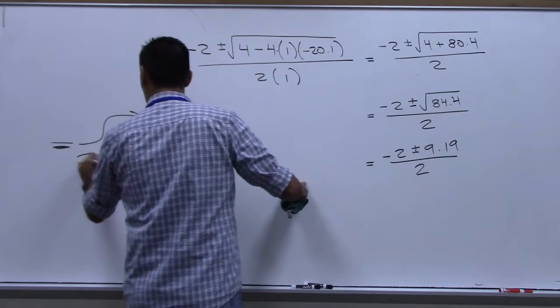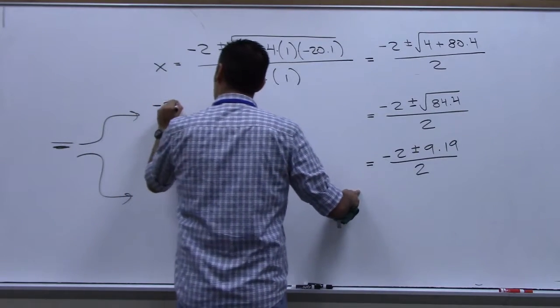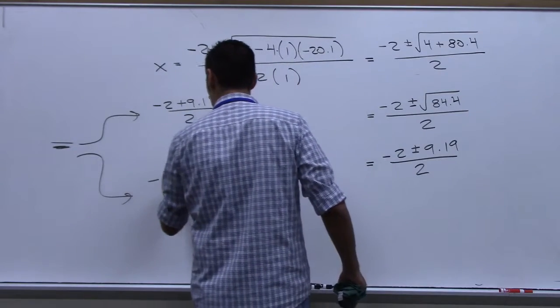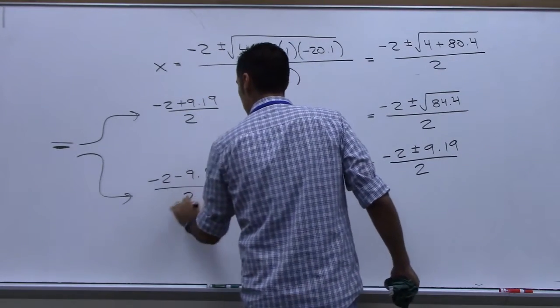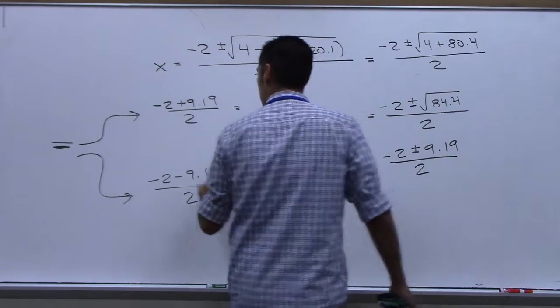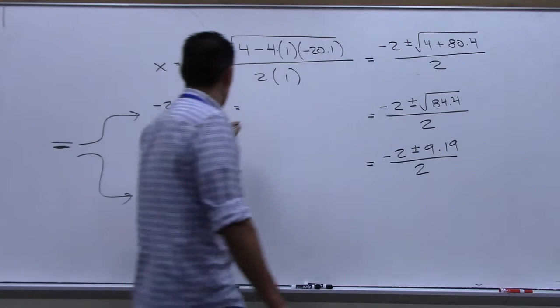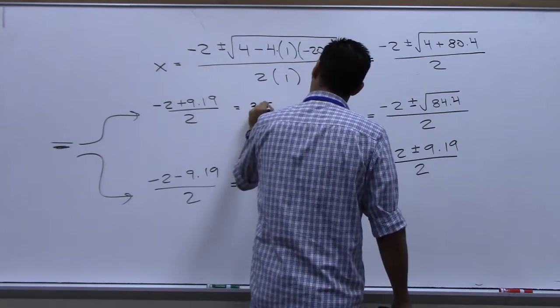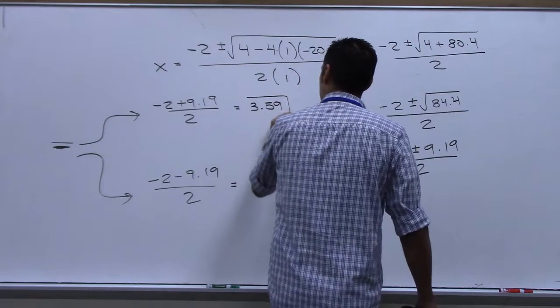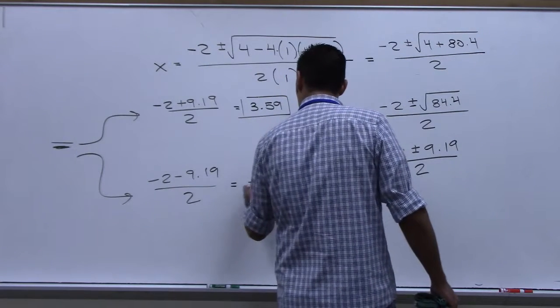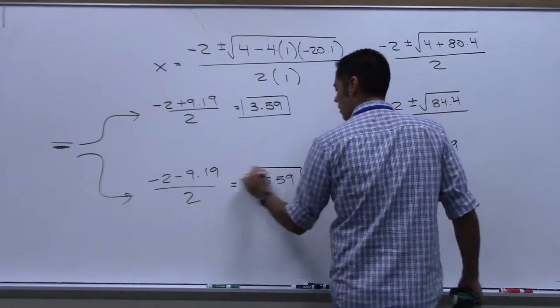We have negative 2 plus 9.19 over 2, and negative 2 minus 9.19 over 2. The first one, where you added, is 3.595. Okay, good enough. And then this one is negative 5.59 something.